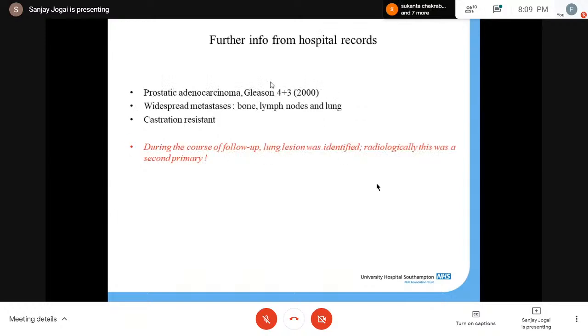So then I dug up the hospital records to see what was going on. The gentleman had a prostatic adenocarcinoma diagnosed in 2000, which was Gleason 4+3. He had widespread metastasis to bones, lymph nodes, as well as lung. And it was during the course of follow-up that the lung lesion was identified. And imaging-wise, they were very convinced this was a second primary. That's why they went ahead and did the biopsy and the lobectomy.